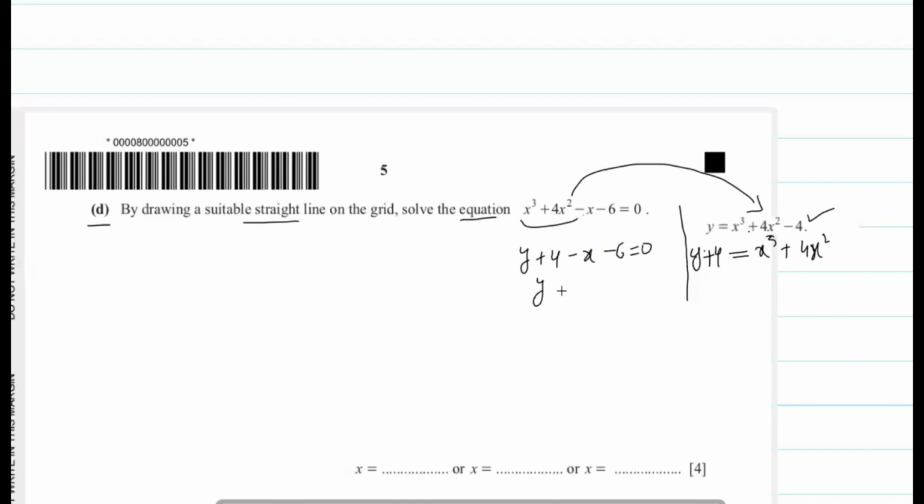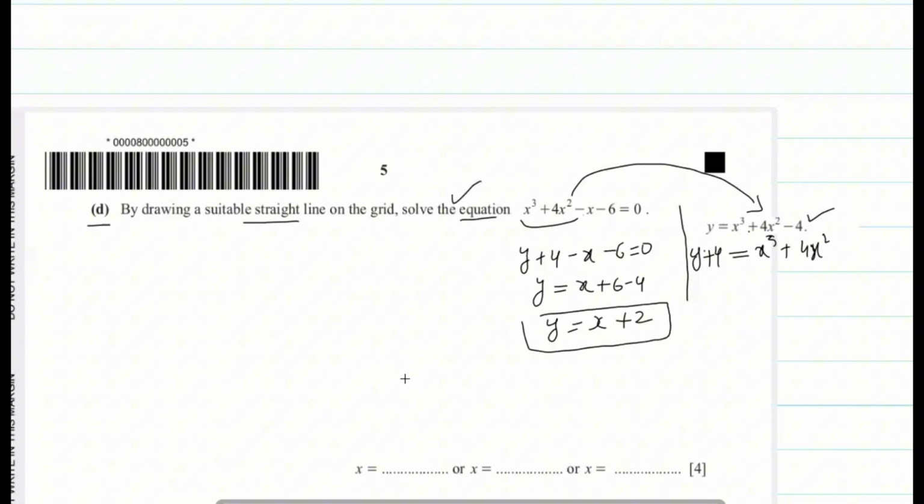Here the value will be y equal to plus x plus 6 minus 4, and this will be y equal to x plus 2. And this is the equation of the straight line we will draw on the graph to solve the equation.